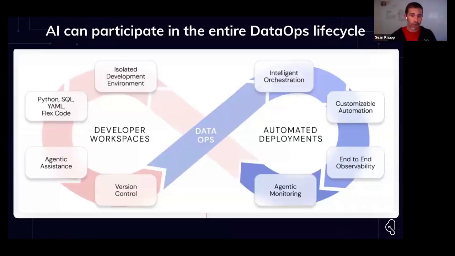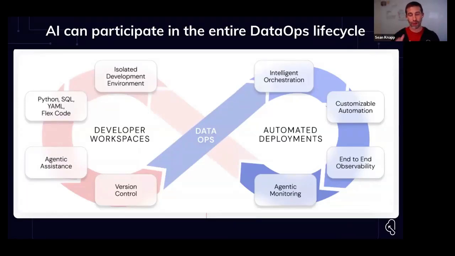The first thing that I really want to encourage folks to think about is AI can truly participate in the entire DataOps lifecycle. I think oftentimes, when we think about AI and agentic things today, especially as developers building products, we usually tend to think about it for things that are more in our dev experience. Help me write some code, maybe write some documentation for me.